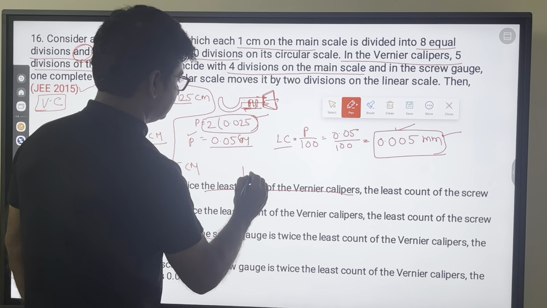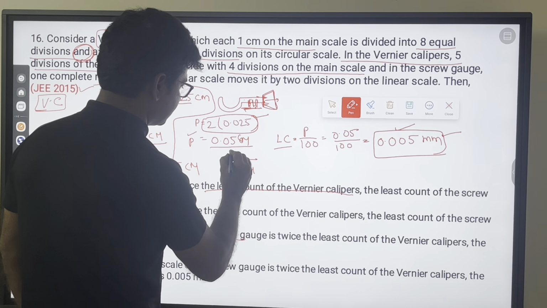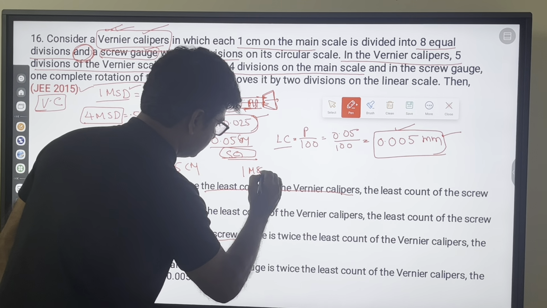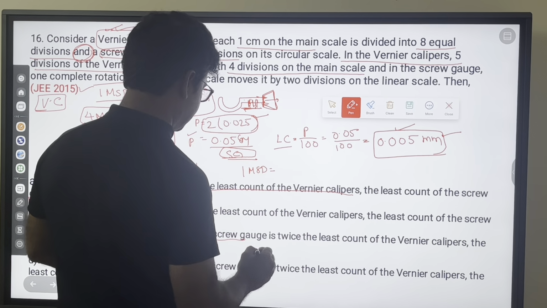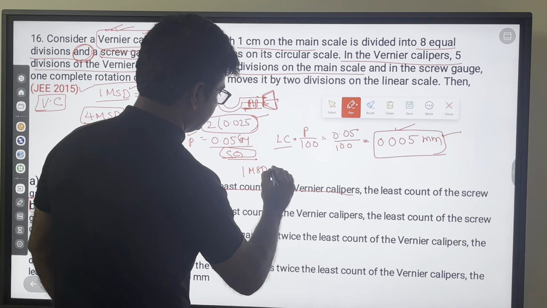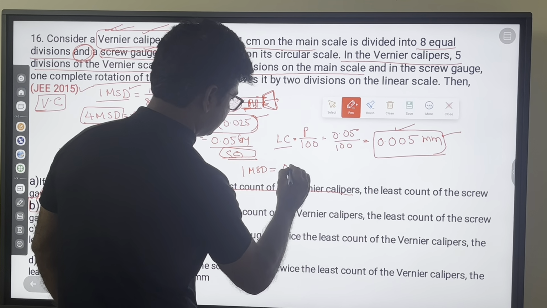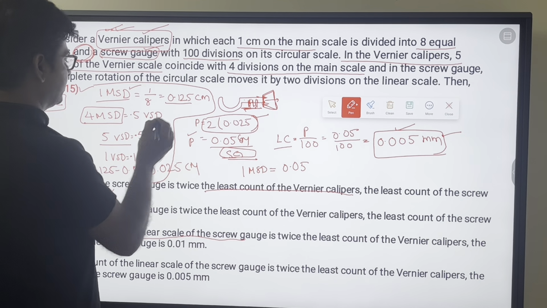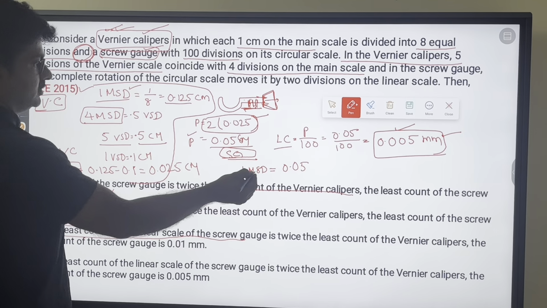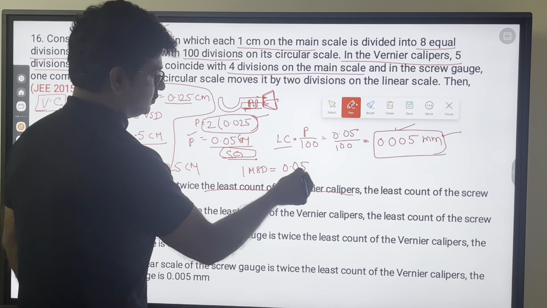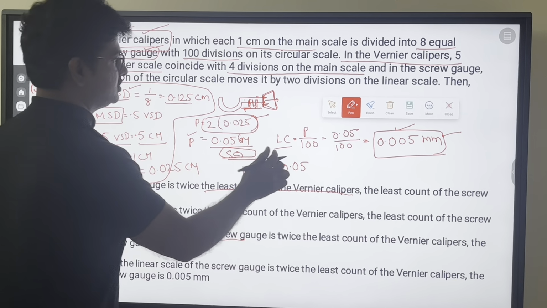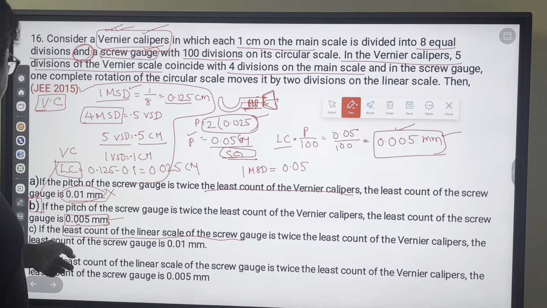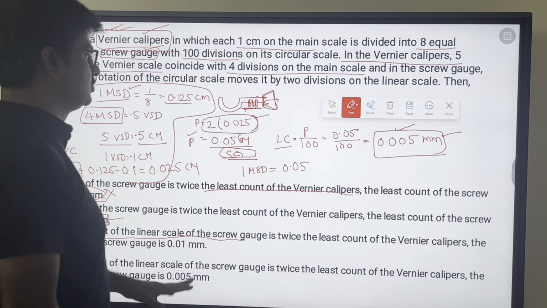This is regarding the screw gauge: 1 MSD is equal to twice the least count of the vernier calipers, which is 0.025, so twice means 0.05 mm. That is one division on the linear scale. Then the least count of the screw gauge will be 0.01 mm.